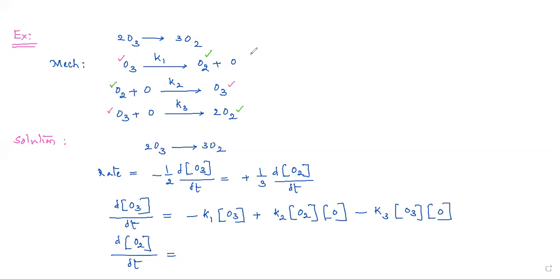So dO2 by dt can be written as, come on, you are getting it from O3 in the first step. So positive. Concentration goes on increasing. In the second step, it is reacting. So minus. And finally, in the third step, again, you are getting it. K3, of course, you are getting it from O3 and O. Okay. So this is how we can give dO3 by dt and dO2 by dt.